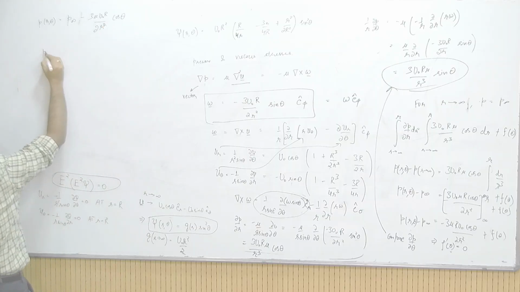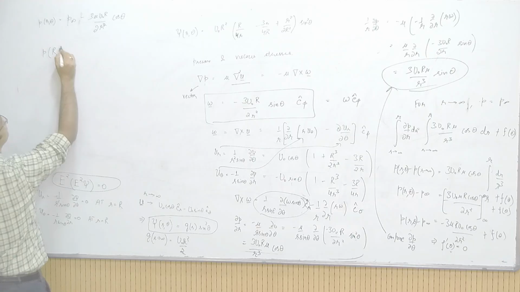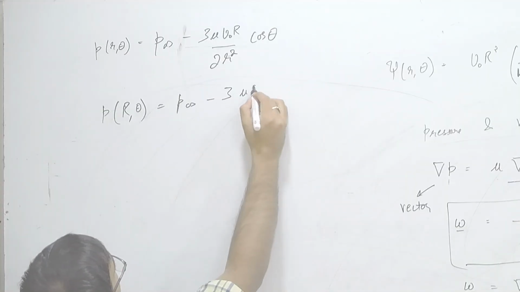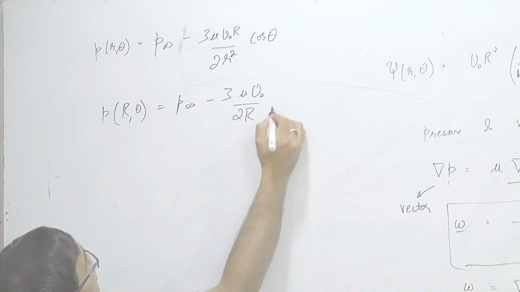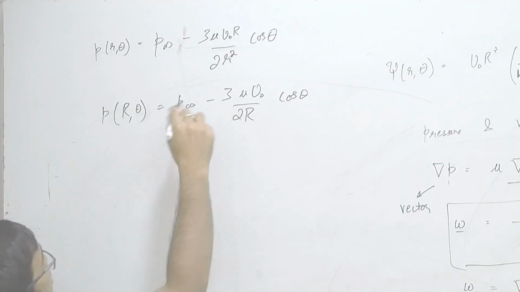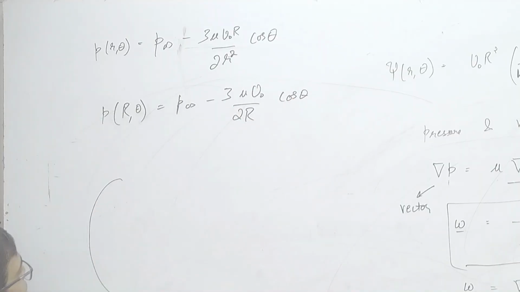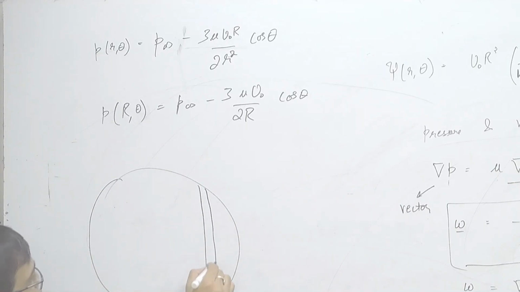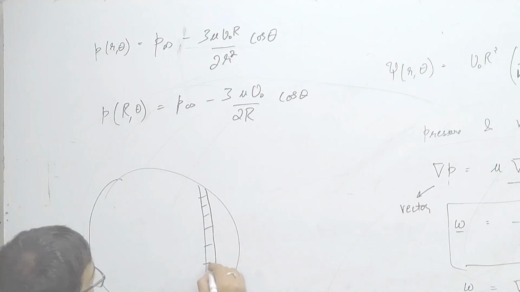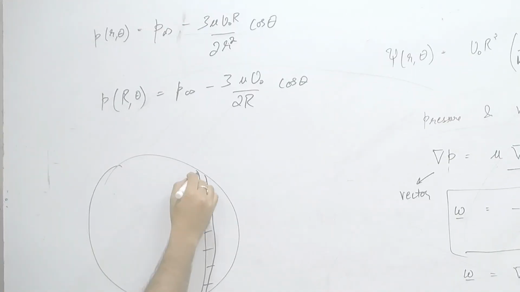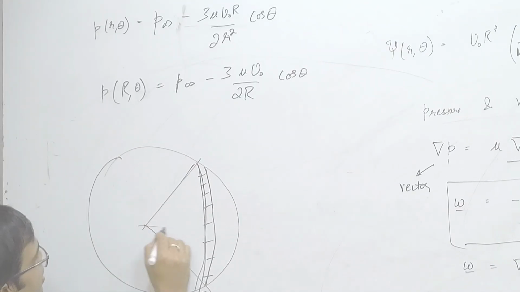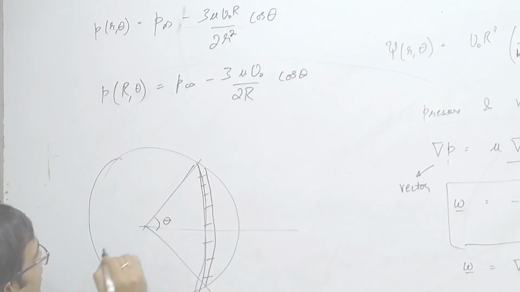And so, pressure on the sphere is P infinity minus 3 mu u naught over 2 capital R cos theta. This is very important, because if you remember our picture of the sphere, this is just a ring that I am making to highlight that this is a sphere. So this angle is theta.